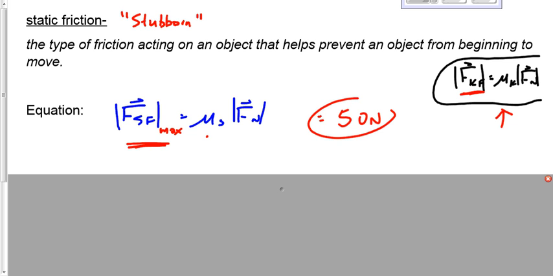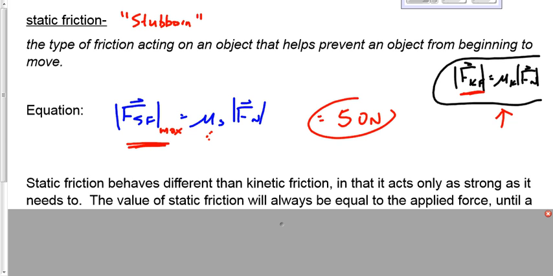Got it? I had to push with 50 newtons to get it moving. But because kinetic friction is less than the maximum static friction, kinetic friction would be more like 40. When I pushed with 30 newtons, static friction was less than kinetic. But the maximum static, the force that was required to get it moving, was more than the kinetic friction. Does that make sense? And along with that, the coefficient of static friction is going to be bigger as well.